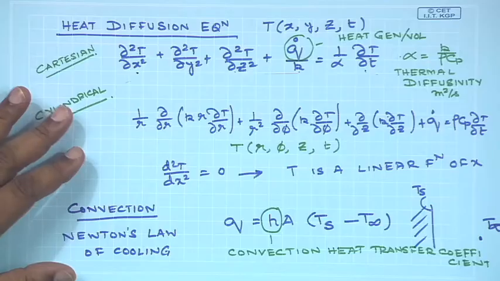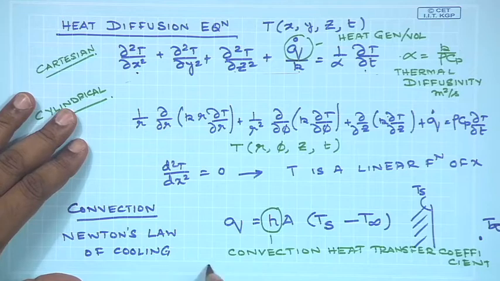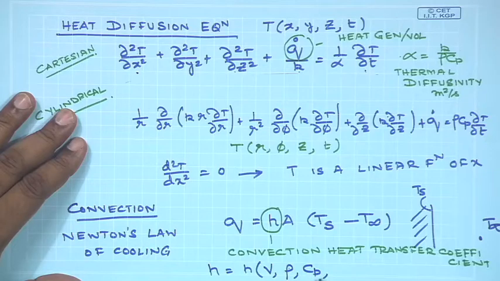So, if we think of the expression for h, this functional form should contain the following parameters. h is going to be a function of the fluid velocity, and of rho, Cp, mu, k, among others, and in some cases certain other parameters.